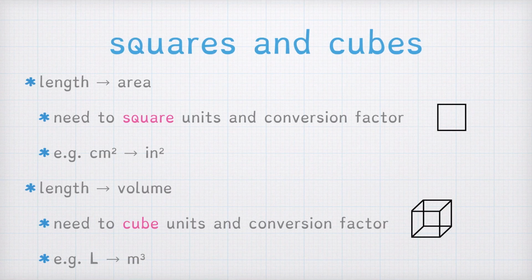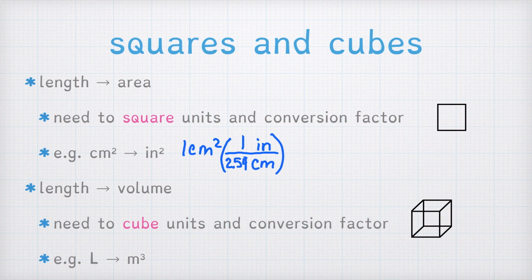The first one is if I'm starting with 1 square centimeter and I want to know how many square inches that is. Well, I don't know a conversion between square centimeters and square inches, but I do know the conversion between centimeters and inches, which is that there are exactly 2.54 centimeters in 1 inch.